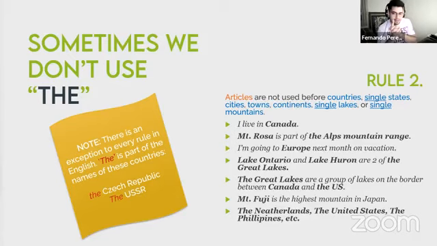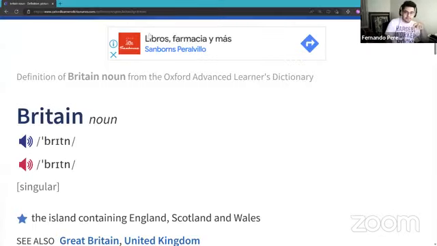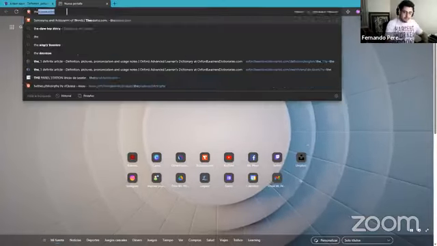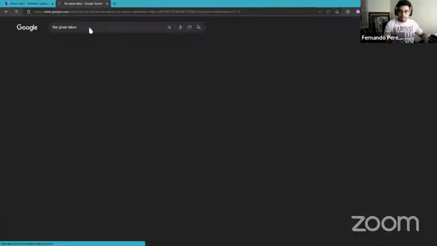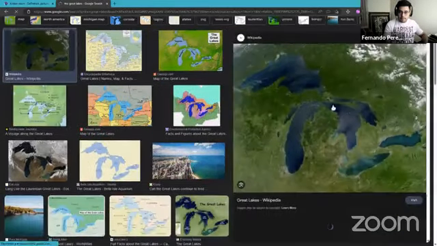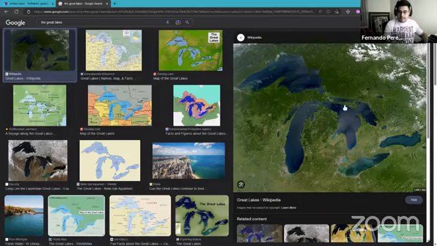But there are groups of lakes, like the Great Lakes. The Great Lakes is a group of lakes together in the United States.